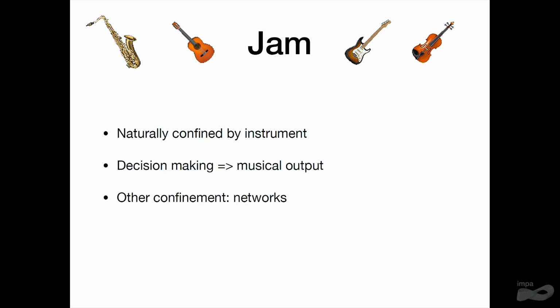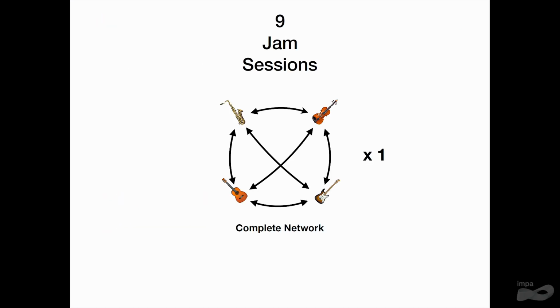And then I added another confinement, which was networks. So I had these musicians improvise on networks. I ran 9 different sessions. The first session was just a complete network, right? A network here represents the flow of the audio signals. Here, there was a sax, a violin, and 2 guitars.